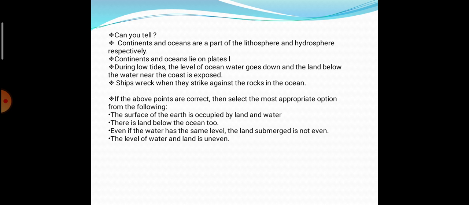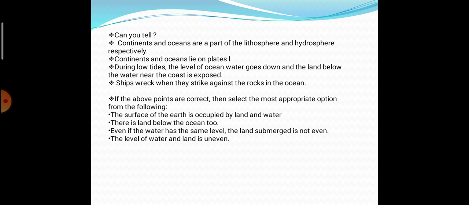We know the history of the planet Earth, that the land started getting bifurcated, or expanding, as the years passed, due to certain changes that took place on our planet. This gave rise to the different continents, and these continents are on those plates.